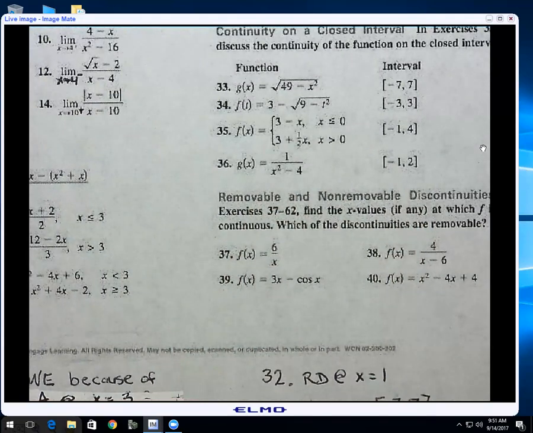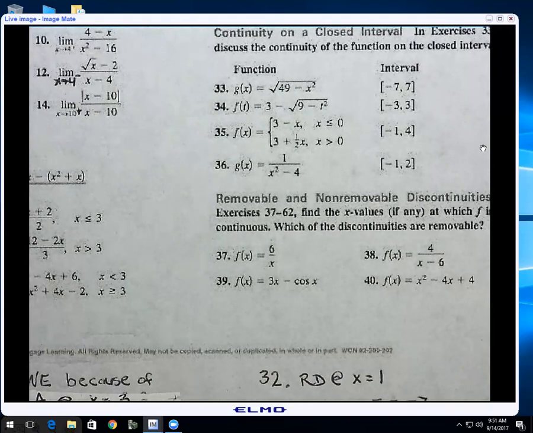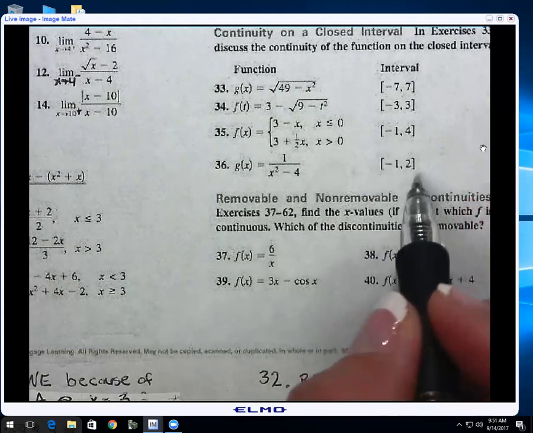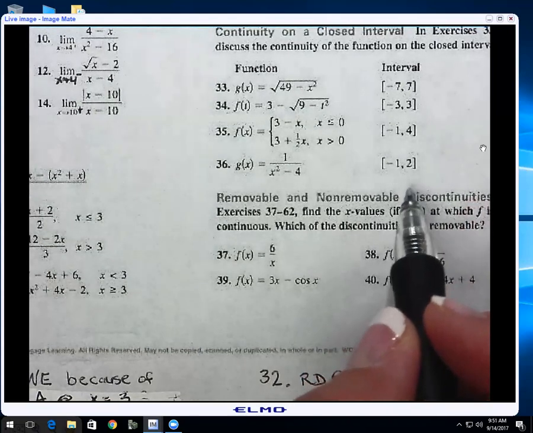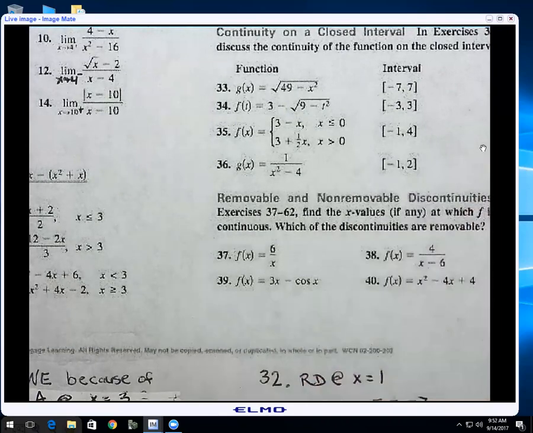So could you get all the way to 2 before you had to pick your pencil up? Yes. You would just have an open dot on 2 because you couldn't let x be 2. That is a removable discontinuity at 2.